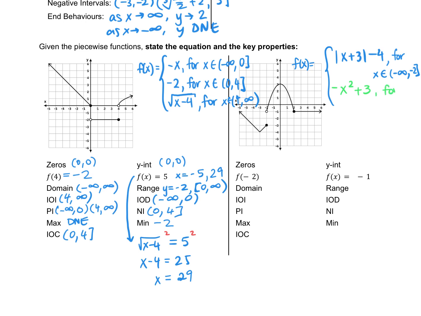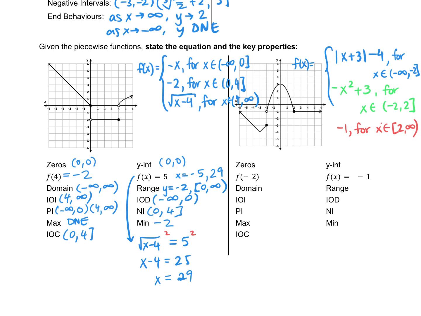And that's going to be for x belonging to -2 to +2. +2 was a closed point. And finally, for that horizontal line, y is just equal to -1 there, so -1 for x belonging to 2 to infinity. And those are our equations.